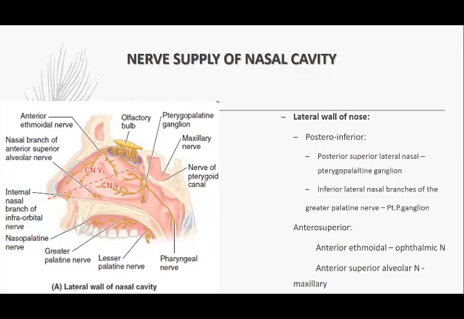Branches come from it: the posterior superior lateral nasal, supplying the lateral wall, and you also have the inferior lateral nasal. Okay.